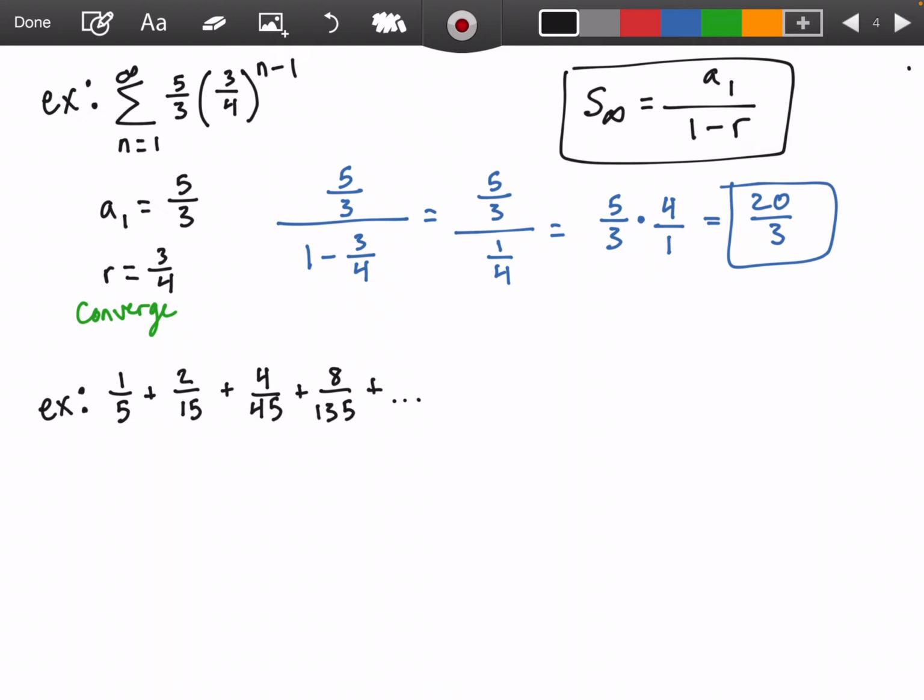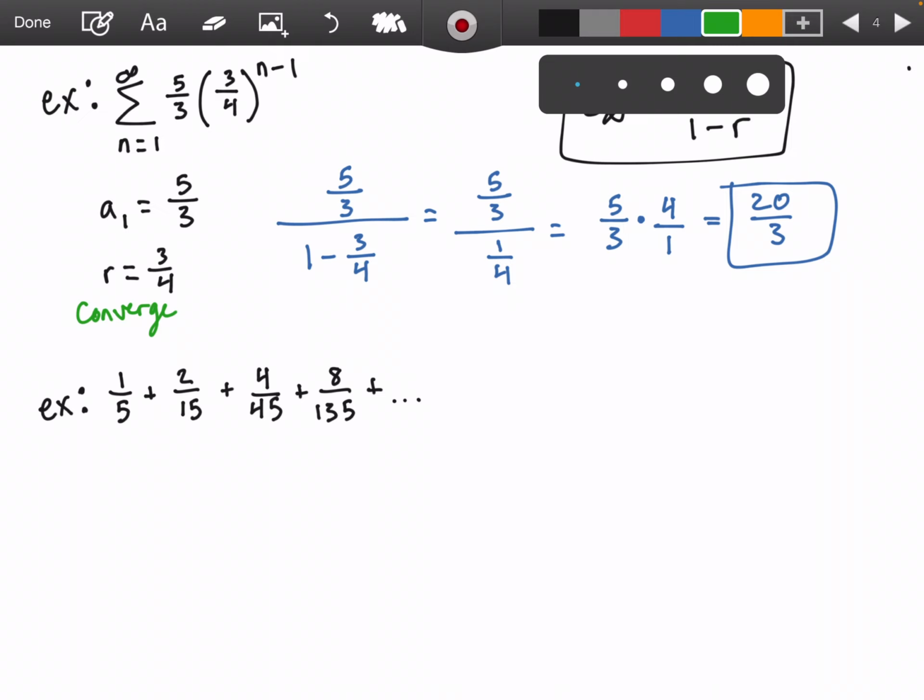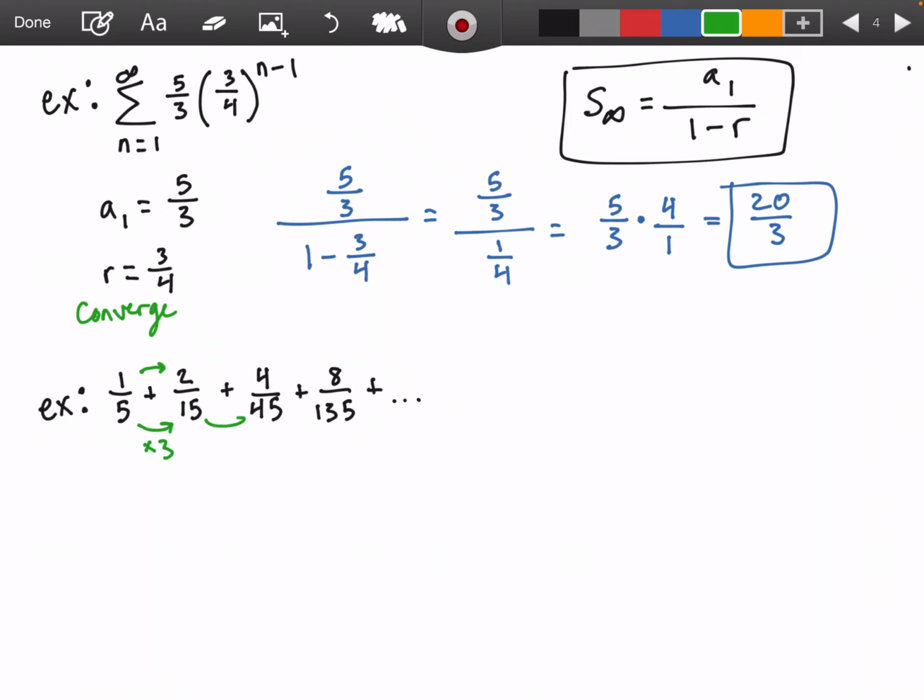So you're going to have to figure out what that common ratio is. So I'm just going to look between these. What's up? 5 to 15, I had to multiply by 3, and it looks like that's keeping consistent on the bottom. And 1 to 2, I had to multiply by 2. 2 to 4, multiply by 2. Sweet. So r is going to be 2/3.